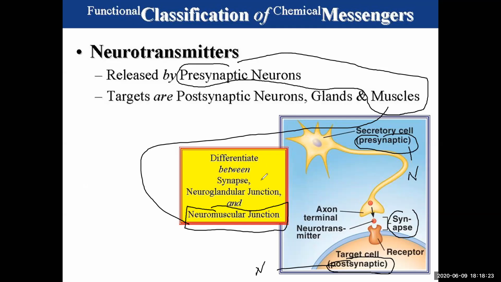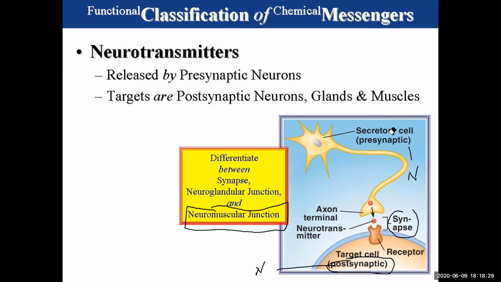In all three cases, the chemical messenger is still a neurotransmitter. So neurotransmitters are released into a synapse, into a neuroglandular junction, and into a neuromuscular junction.